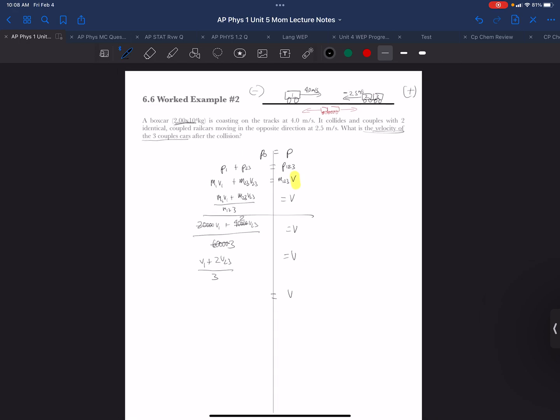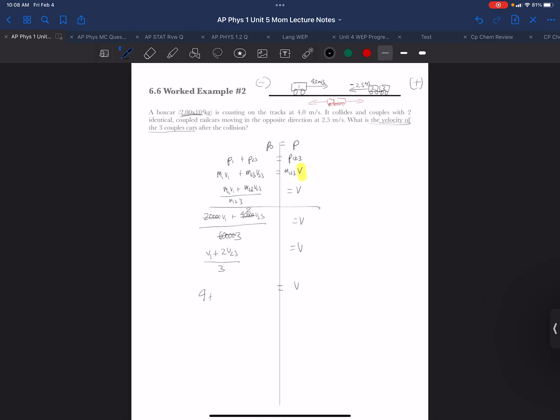So V1, which was 4, plus 2 times minus 2.5 all over 3, gives us 4 minus 5 all over 3, giving us a final velocity of minus 1/3 meters per second, or minus 0.33.